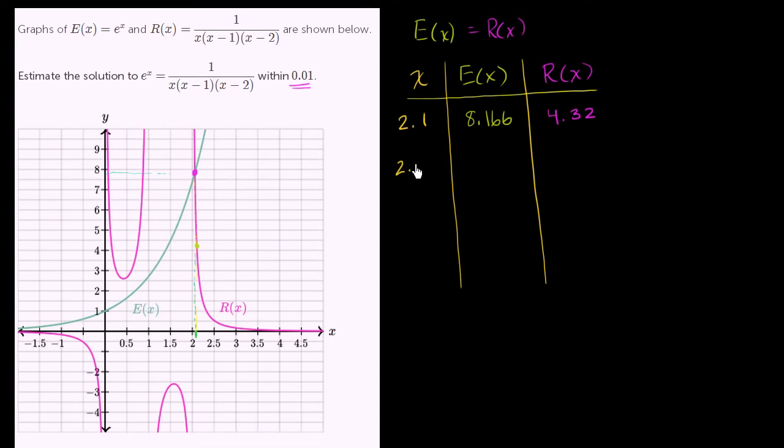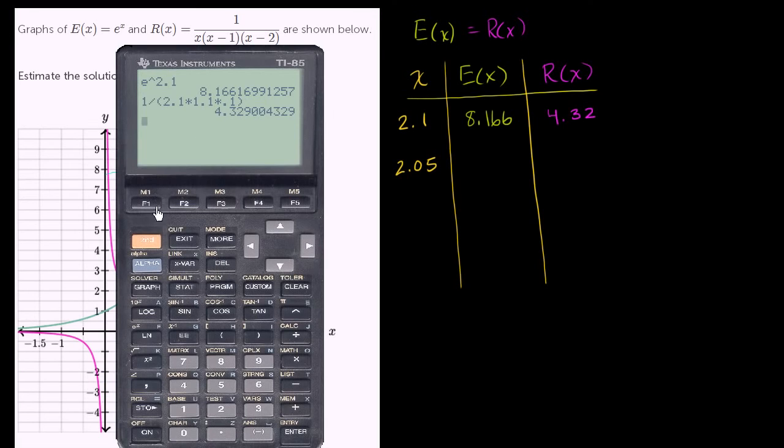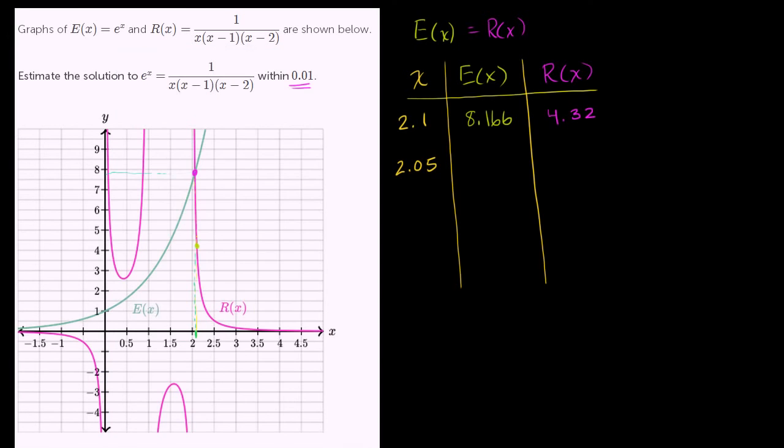So at 2.05, what is e of x? E of x is e to the x, right? So e to the 2.05 power gets us approximately 7.768.